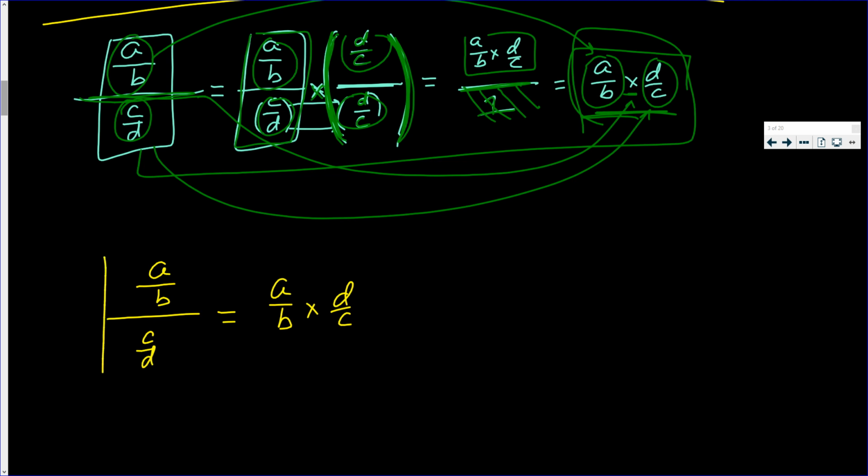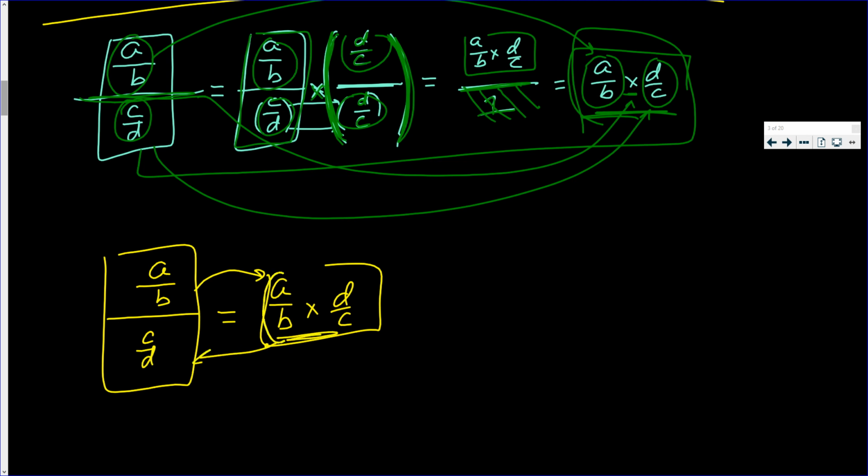But we're only talking about usually going from here to there. But equality works the other way. You can go from this to that. Keep the first, change multiplication to division, and flip over the second number.